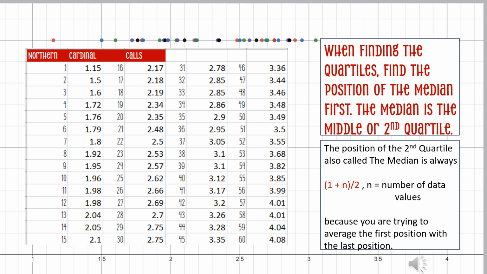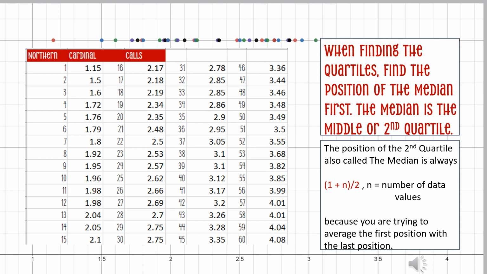So let's dig into how to find quartiles. Remember, quartiles cut a set of data into 4 equal subsets. So the first step is actually to find the 2nd quartile, also called the median. We find the median position, so where it is in the data, by averaging the first and last position.